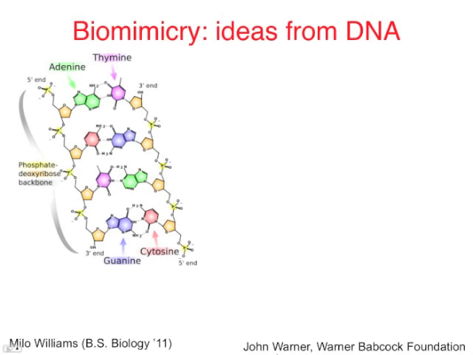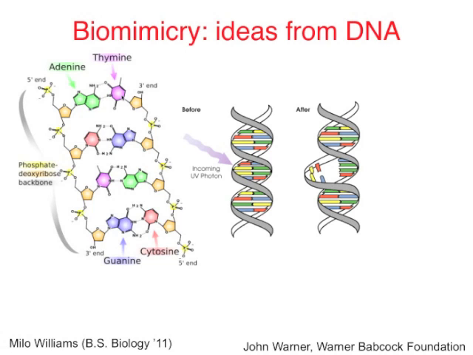Well, we can steal an idea on how to do this process from DNA. In DNA, when light shines on it, there's a group called thymine that actually dimerizes because of light. When light shines on DNA, for example, here you can see sunlight coming in, these 2 yellow thymine units in the backbone of DNA can dimerize or link together.